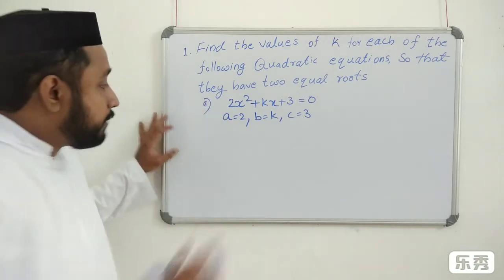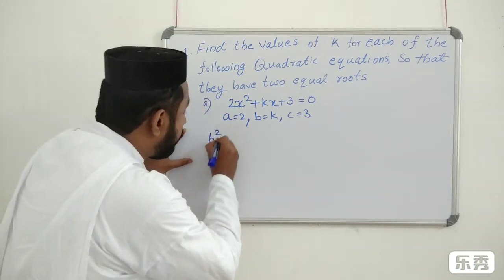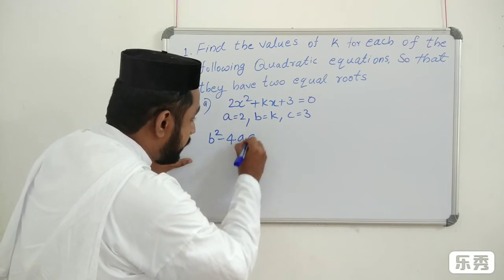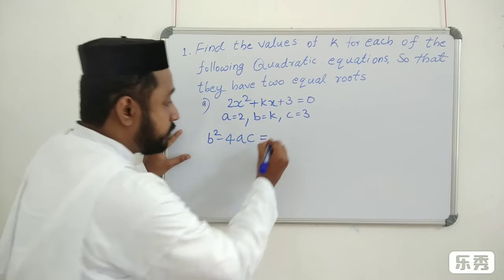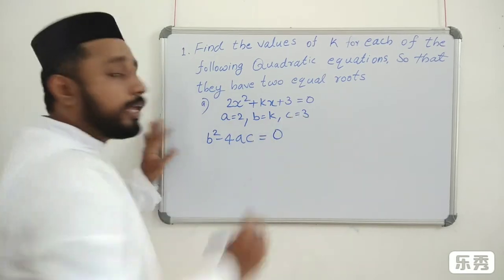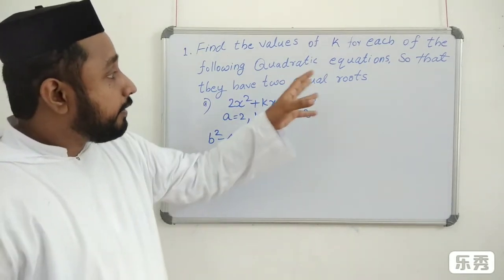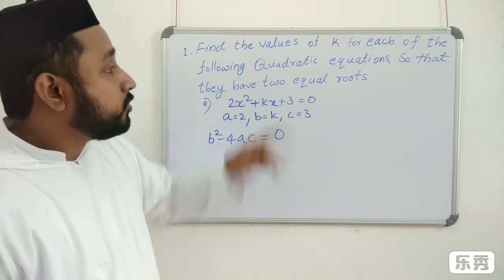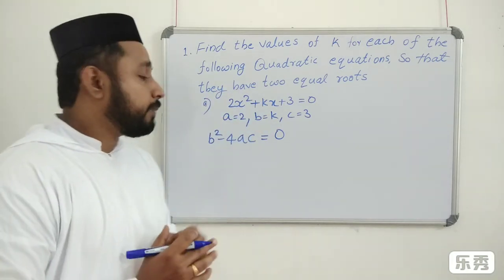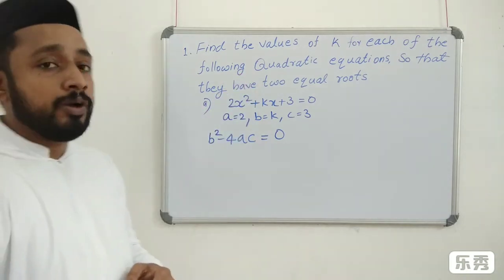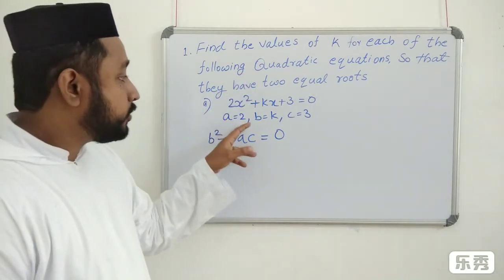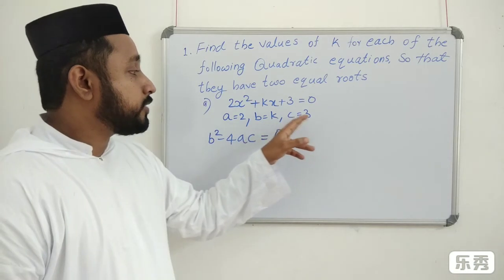If b square minus 4ac, that is the discriminant, is equal to 0, then the roots are equal. Here it is given that they have two equal roots, which means b square minus 4ac is equal to 0. So we can find the value of k. We have a is equal to 2, b is equal to k, and c is equal to 3.